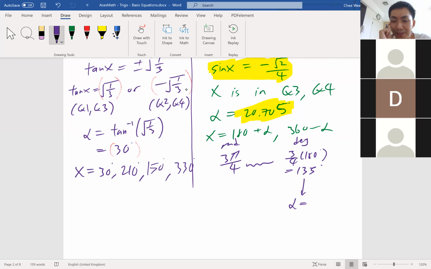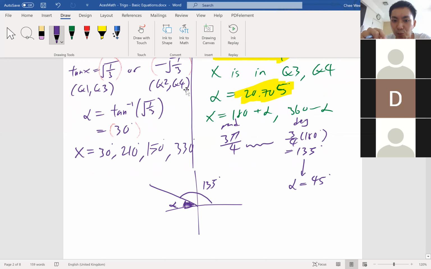What's the DNA of 135? Think back, picture 135 is here, right? Then what's this gap? It's 45 degrees. 45 is a special angle, which means that 135 is a special angle, but in the Q2 version, that's all.